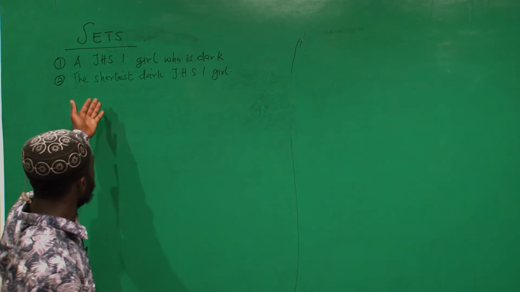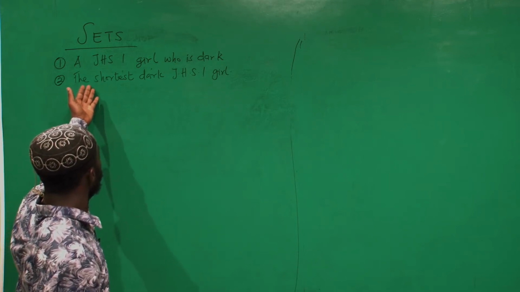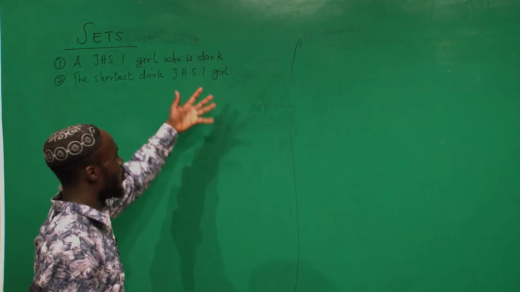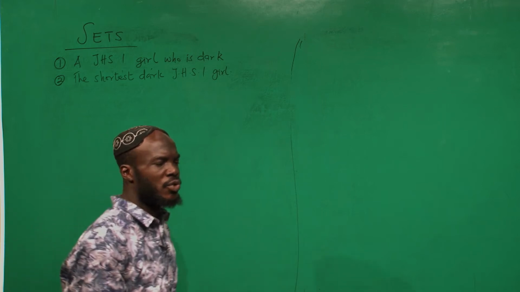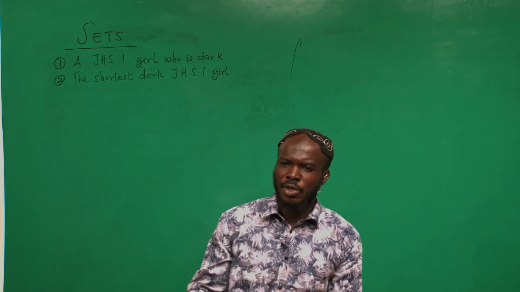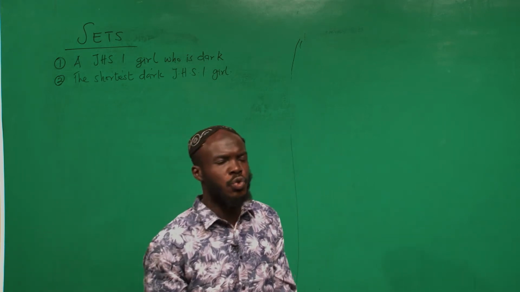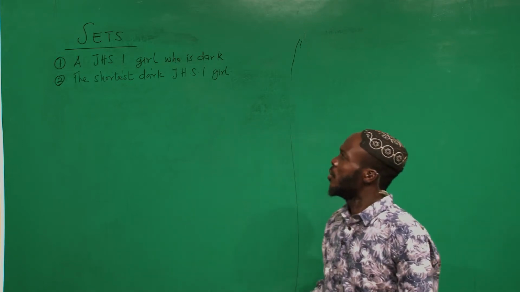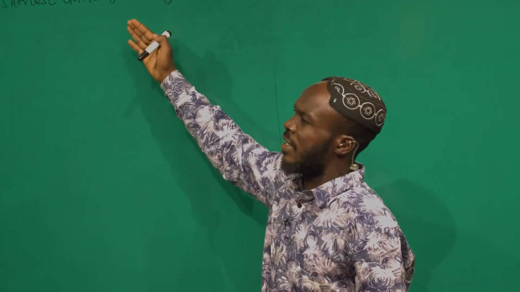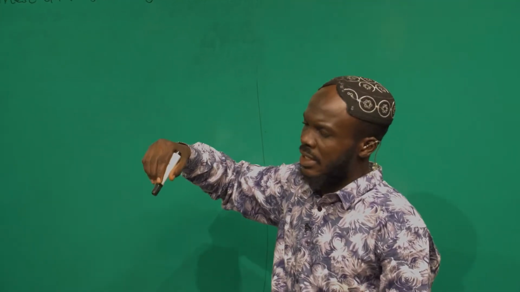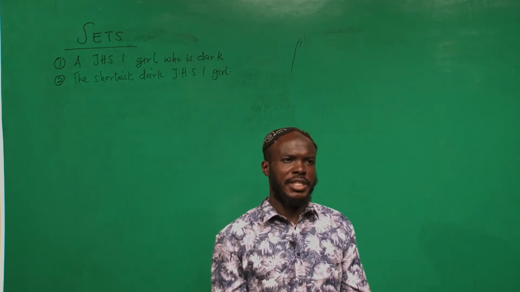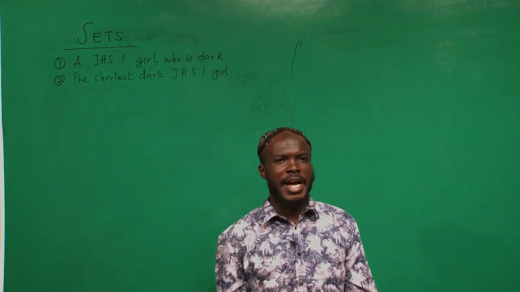But for the second, where the sentence reads the shortest dark JHS 1 girl, the individual will just bring out all the dark girls and choose the shortest of them. Okay. So this tells us that a set is a collection of well-defined objects of the same kind.